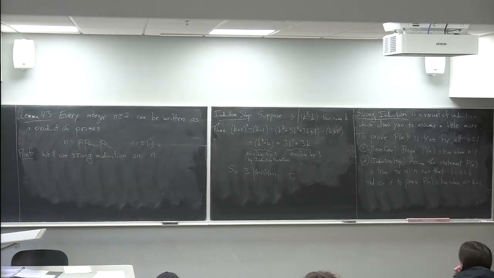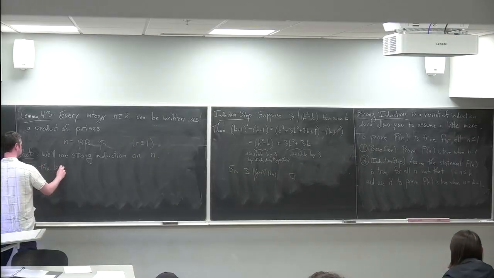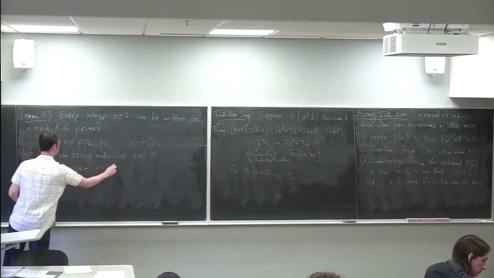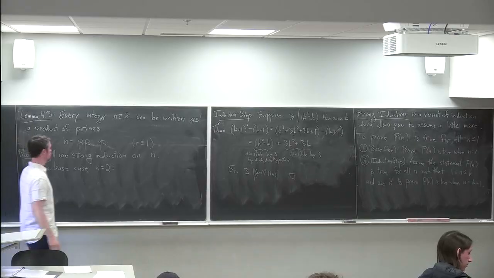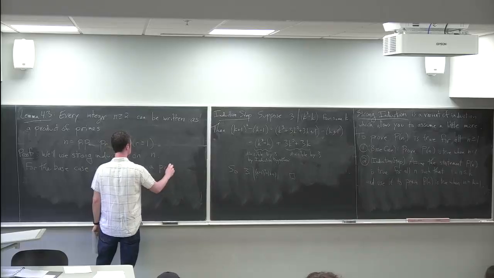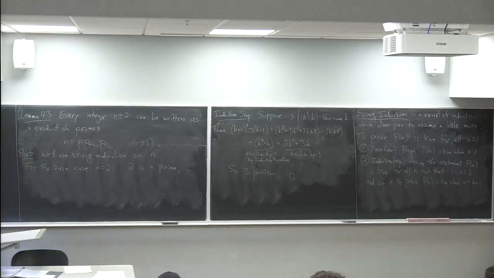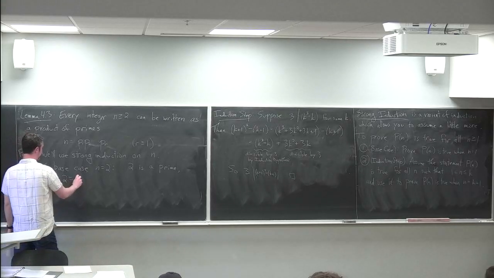Okay, so we have to establish this fact, first in the base case. The base case is n equals 2, and we know 2 is a prime number. So 2 is a prime, and this kind of statement is true for prime numbers. You could take 2, and you could write it as 2.